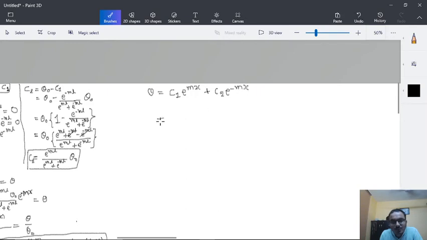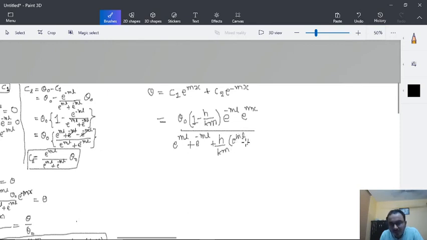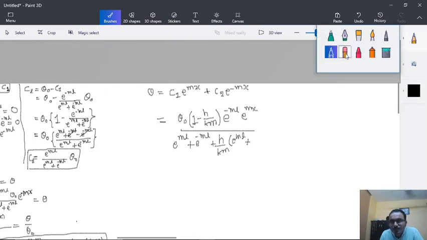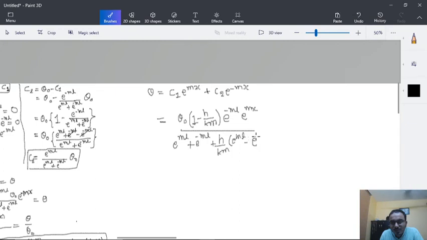Okay, so here instead of C1 we need to put that big value of C1, that is theta 0 times 1 minus h by km into e raised to minus ml into e raised to mx, divided by e raised to ml plus e raised to minus ml, plus h by km times e raised to ml, sorry, here it will be minus, e raised to minus ml.